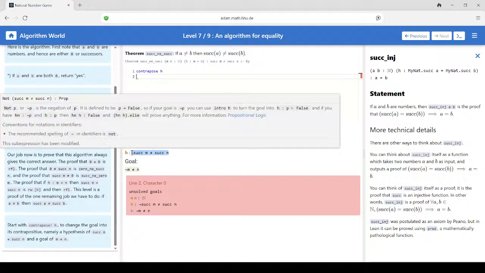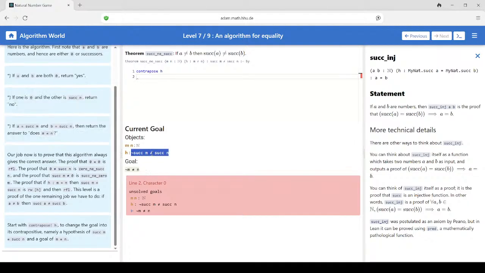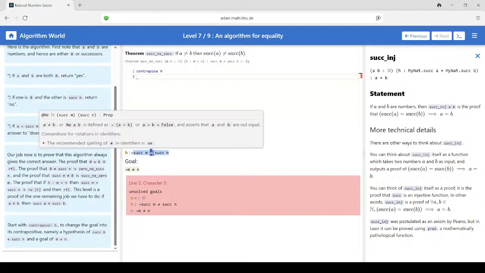Do we need to turn this statement into... do I need to get this into an equal sign? I don't know how to do that.